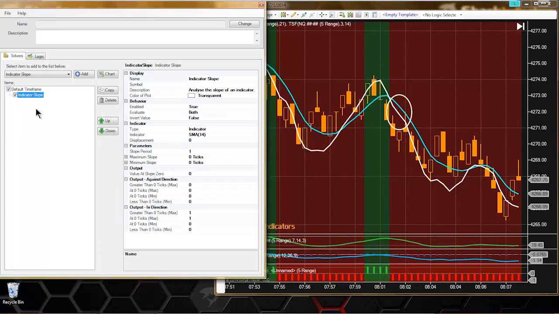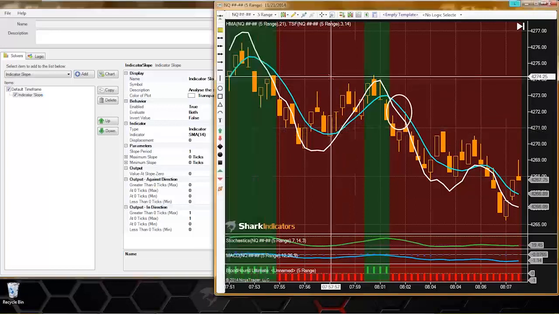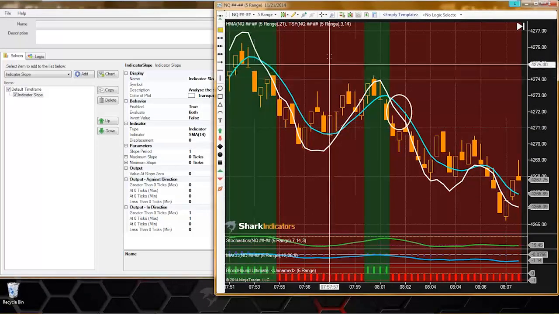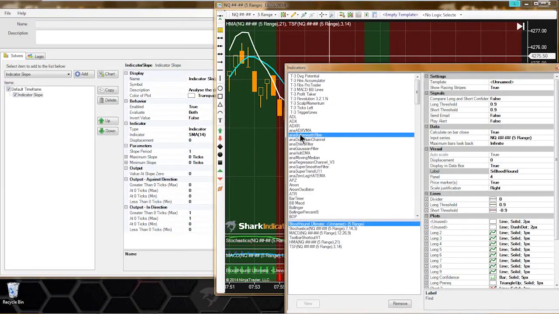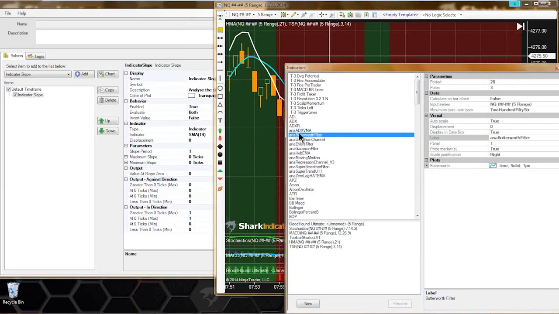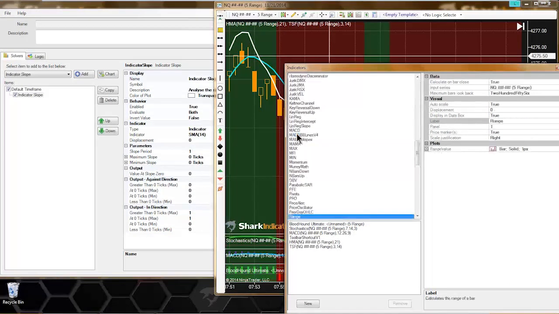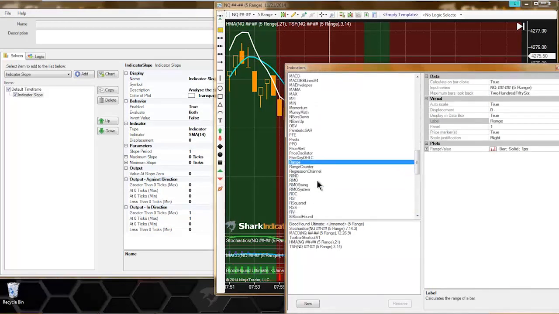It just tells you the result if the slope is up or down. It doesn't output the slope in a measured form in degrees or ticks. So we're going to have to use an indicator that comes with NinjaTrader, and hopefully I can remember this.